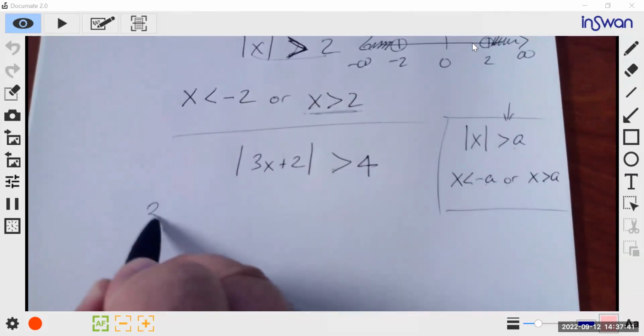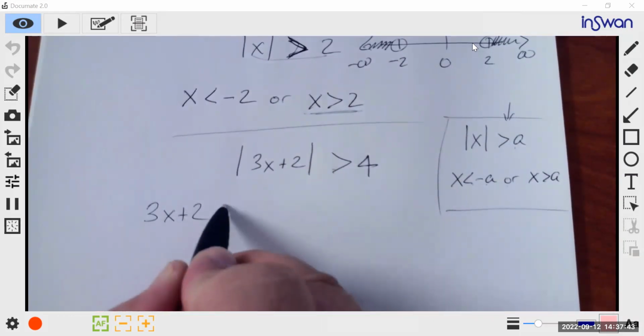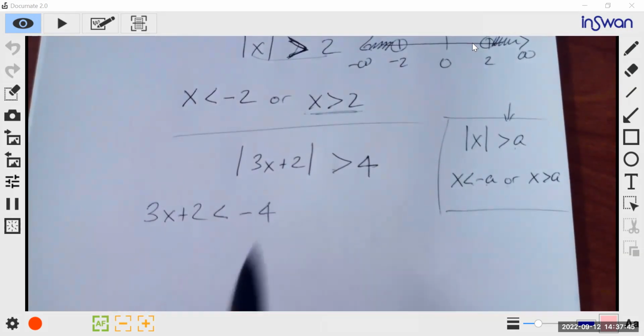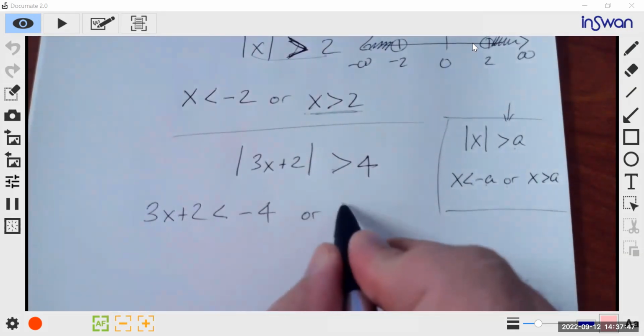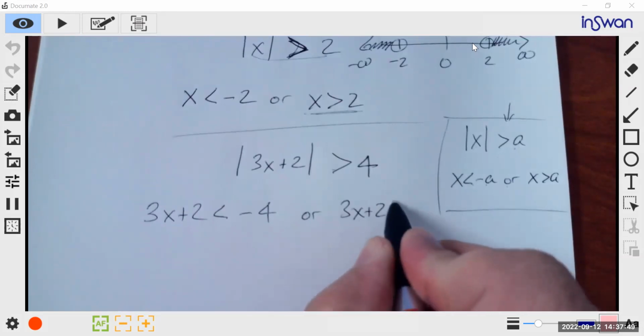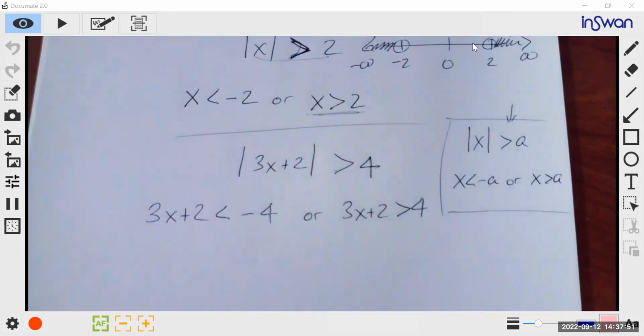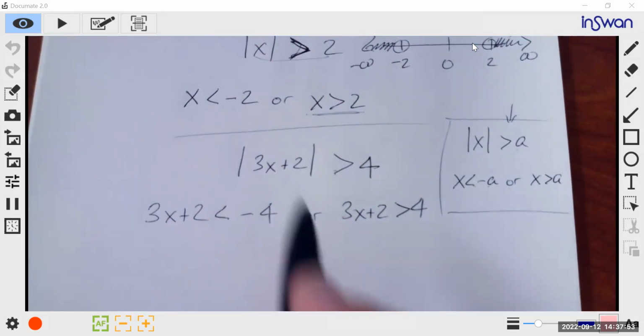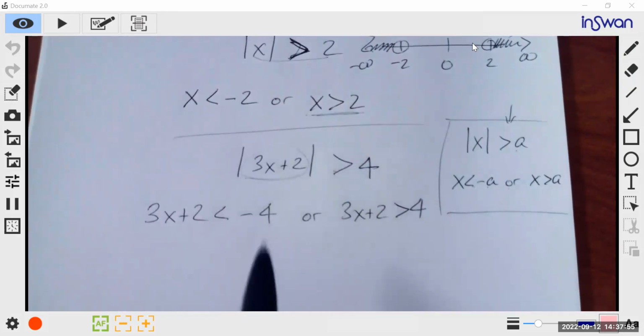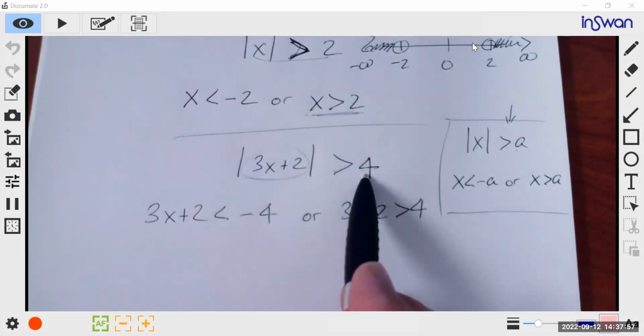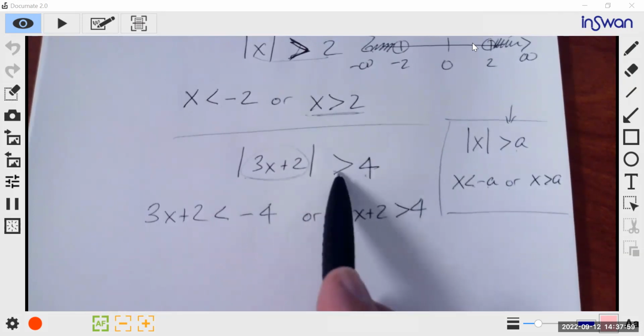So 3x plus 2 is less than negative 4, or 3x plus 2 is greater than 4. That's what it means. Whatever's inside the absolute value sign is going to be less than that number or greater than that number.